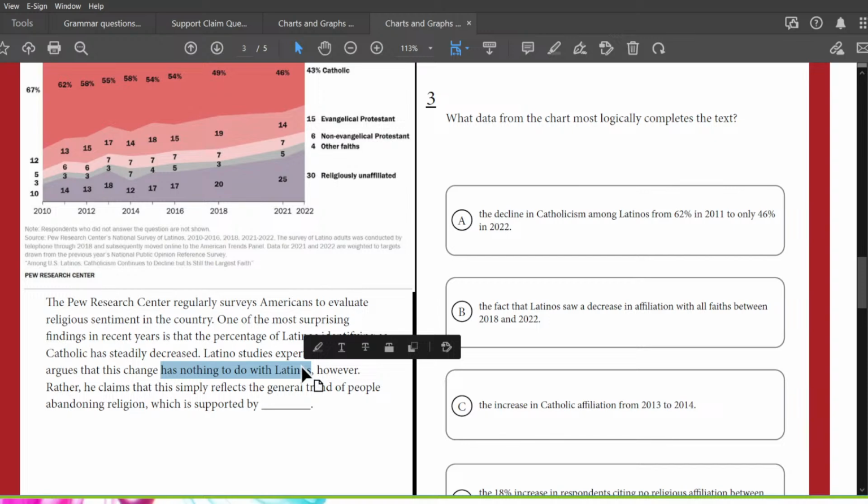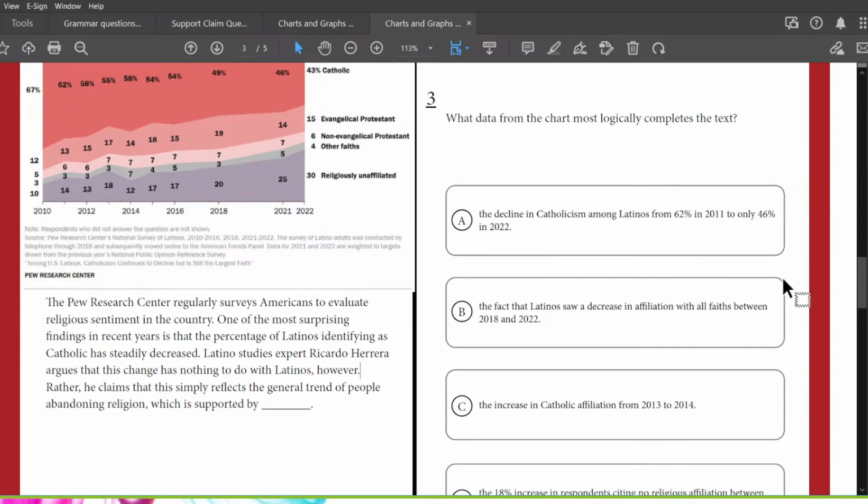It's about everybody. The main point in the data is that the number of Latinos identifying as Catholic has decreased. So I want to pick some data that doesn't really focus on Latinos and instead looks at this idea of abandoning religion, because that's what he said in his final sentence, and I want to make sure my answer is coherent with that final sentence.